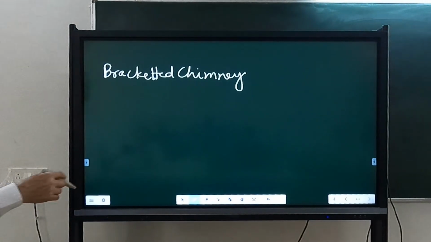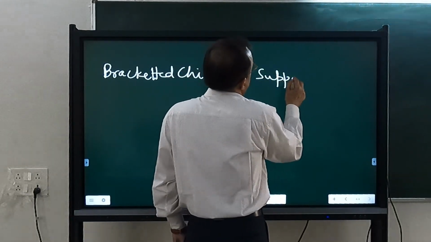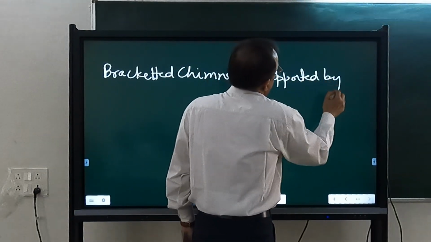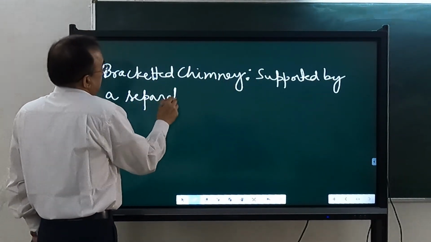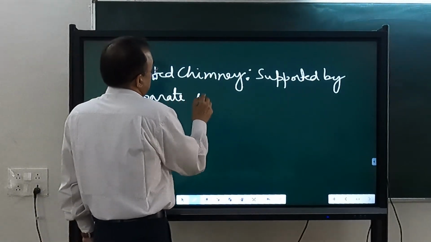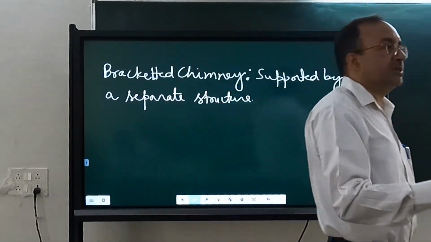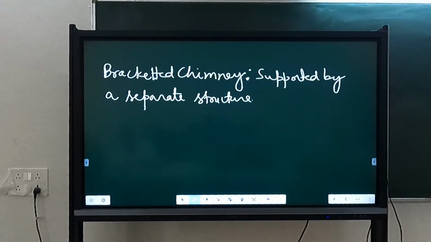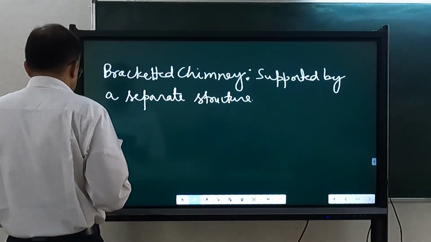But if you provide a separate structure, these are the chimneys which are supported by a separate structure. Separate doesn't mean that it is away from the chimney, it means other than the chimney. So the chimney is not self-supporting, but we provide a tower-like structure which is supporting it. Okay. So this is external construction.